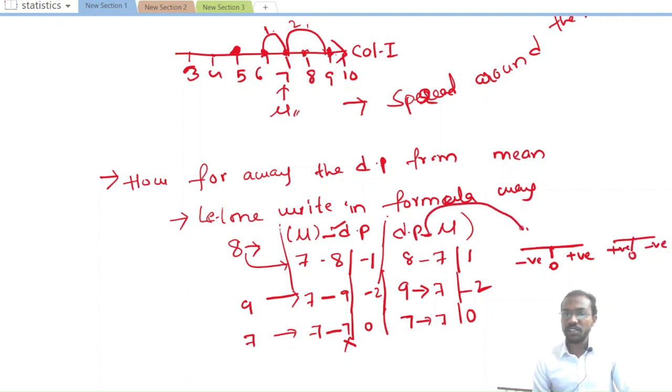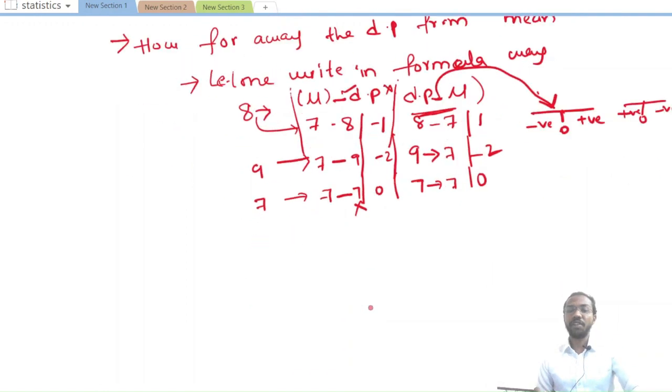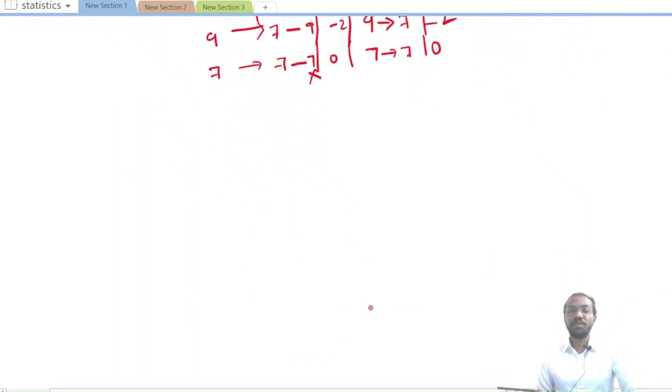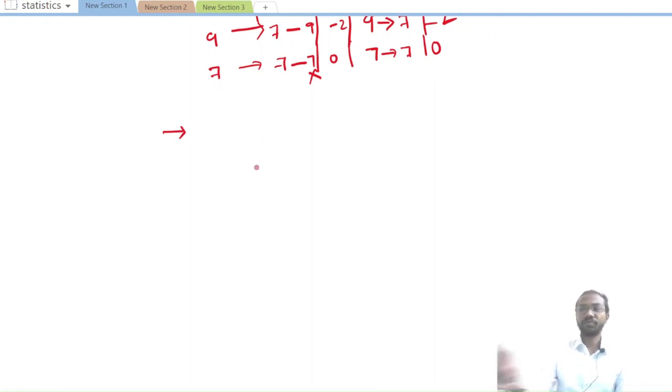That's why we go for this one only. This other one is wrong. So everybody should write data point minus mu only.